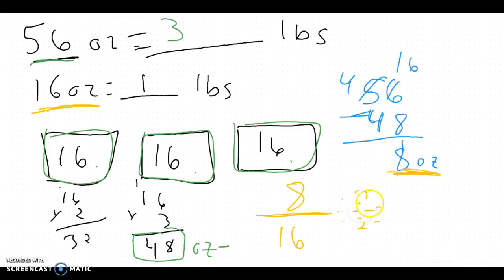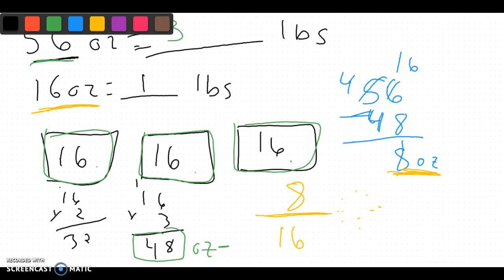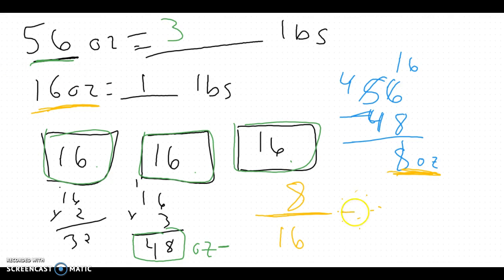We're going to divide 8/16 by 8. To simplify, 8 divided by 8 is 1, 16 divided by 8 is 2, so I have a half a pound left over. So 56 ounces is the same as 3 and a half pounds.